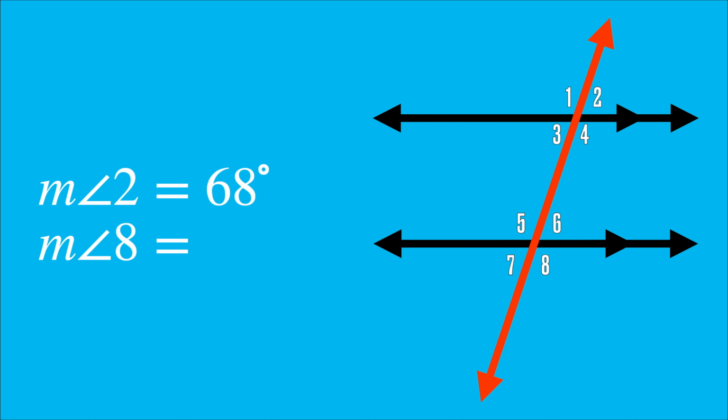The measure of angle 2 is 68. We need to find the measure of 8. Now in this case, they are same side exterior, which means they are supplementary. So I do 180 minus 68, and that's going to get us 112.